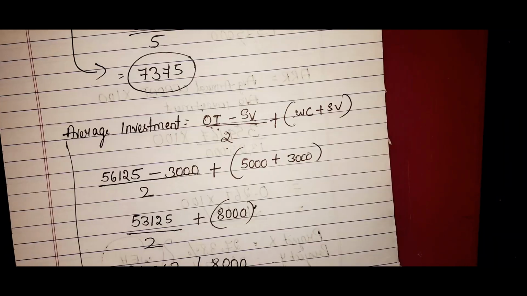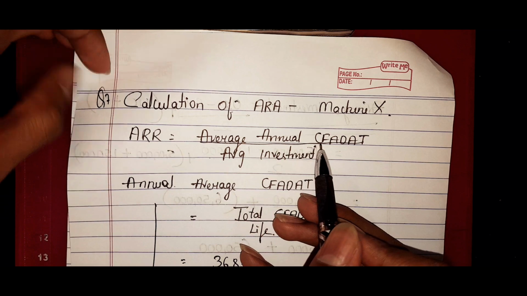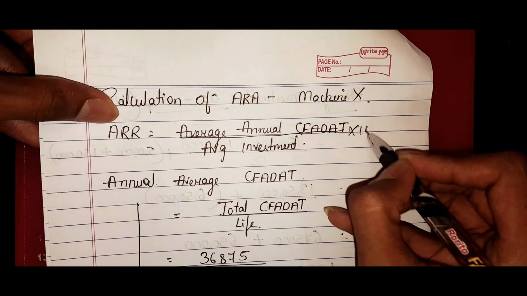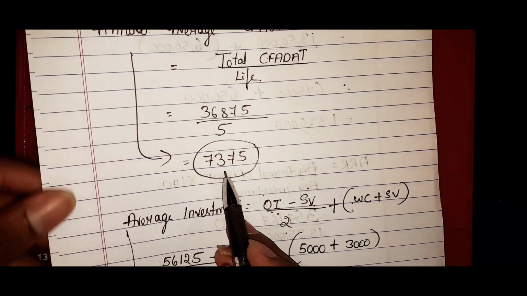Now ARR. Let us try to calculate ARR. ARR is equal to, what is the formula? Average annual CFADAT divided by average investment into 100. What is the average annual CFADAT? It is 7,375.